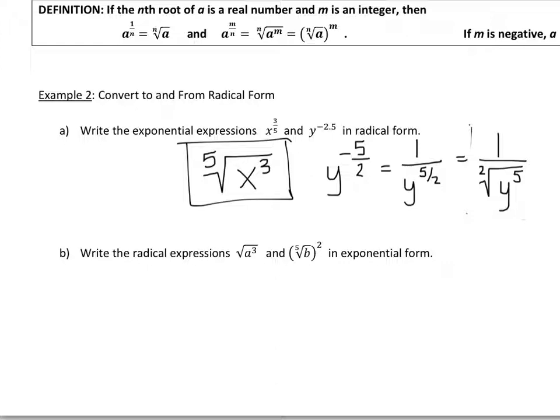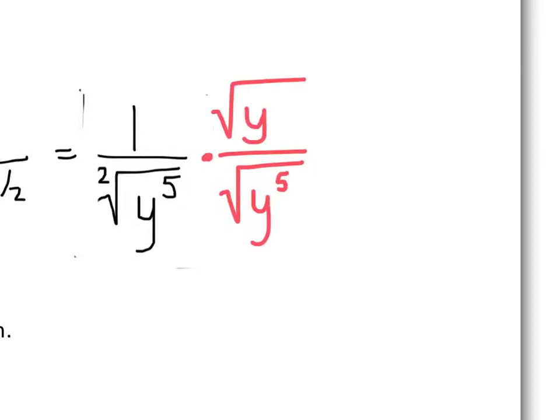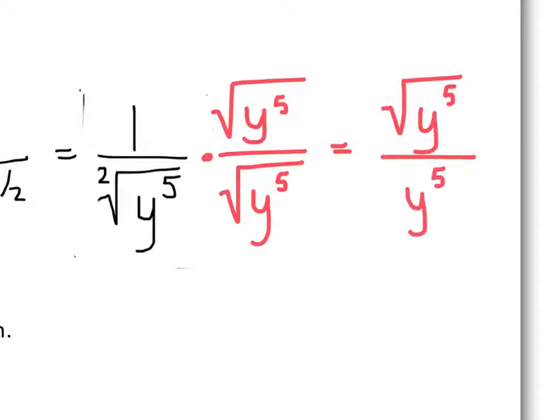So, to rationalize it, what do you multiply by on the bottom? Or the whole thing? Square root of y to the 5th. Top and bottom. Okay, so that makes the top. Yep, you can simplify it first. Okay, and then the bottom just becomes y to the 5th.